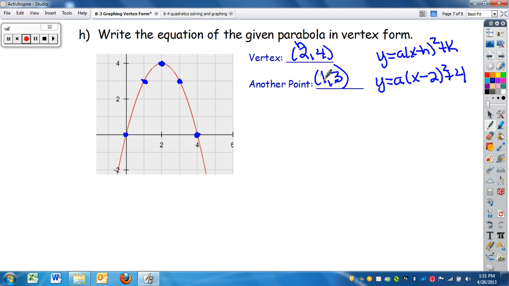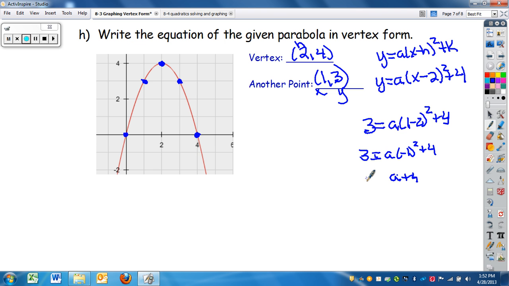So plugging in, remember this is x and y, replace x and y with 1 and 3: 3 equals a(1 minus 2) squared plus 4. 1 minus 2 is -1, squared is 1, plus 4. So it's 1a, which is just a, plus 4 equals 3.